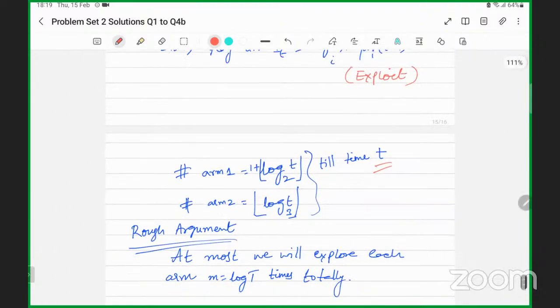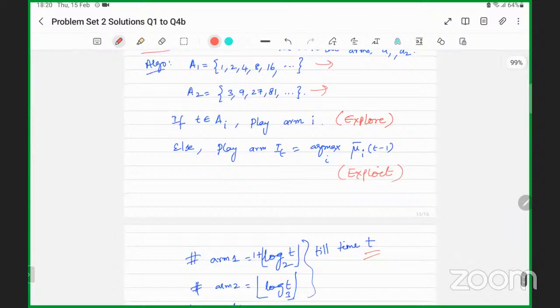Because we are playing arm one at powers of two, that is exploration. A1 and A2 are exploration, and remaining times we are doing exploitation. So arm 1 till time t would have played roughly log t base 2 times, because we are playing only at powers of 2. And arm 2 would have played log t base 3.